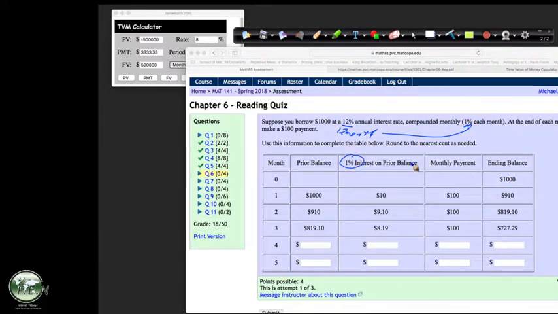So again, over here, we're just taking the ending balance on this loan of $727.29. That's going to get copied here. To get the interest, we're going to multiply by 0.01, which is 1% divided by 100%.